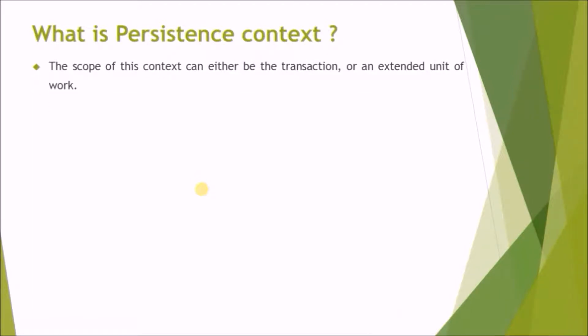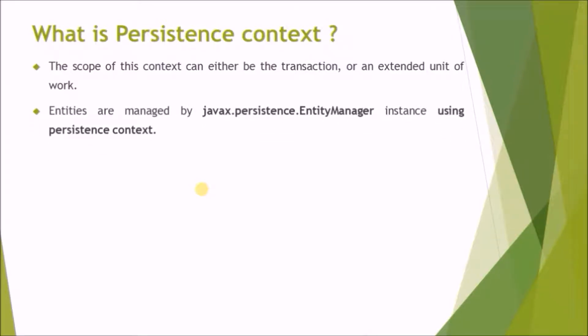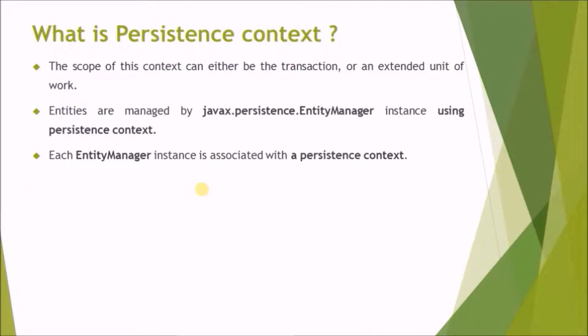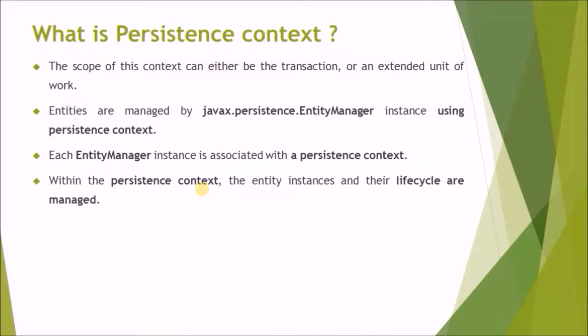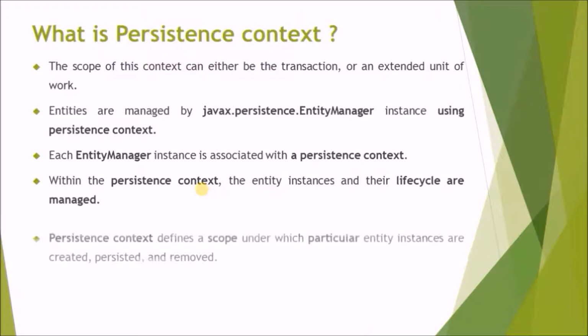The scope of this context can either be the transaction, or an extended unit of work. Entities are managed by javax.persistence.EntityManager instance using persistence context. Each Entity Manager instance is associated with the persistence context. Within the persistence context, the entity instances and their lifecycle are managed.